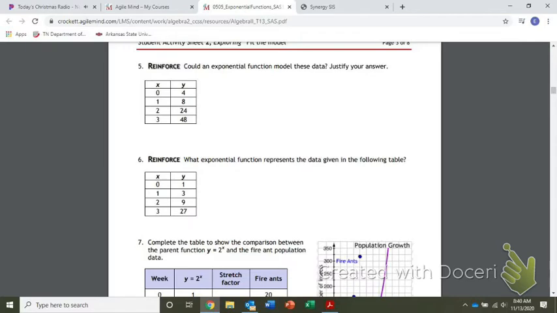Try 5. It just wants to know, could an exponential function model this data? Justify your answer. So you have to be looking at your y values to see if it can model.